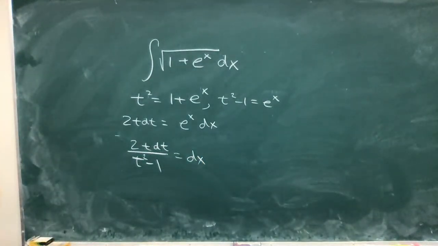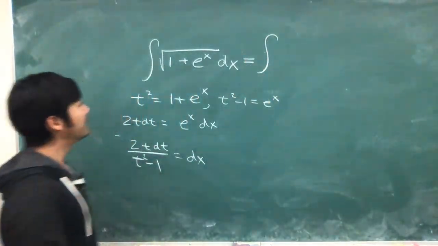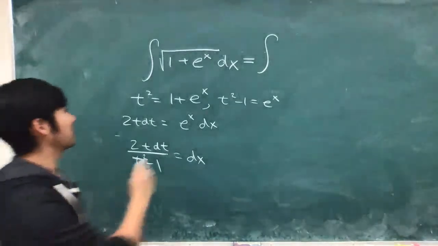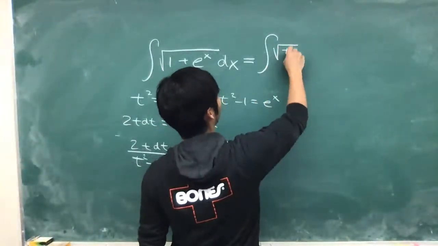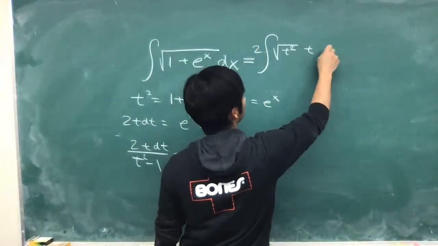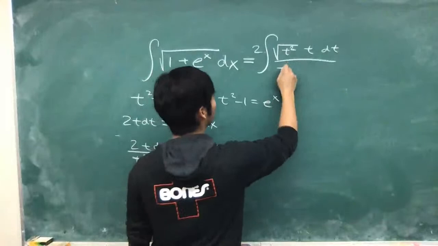And that looks pretty good. So this is going to be root t squared, and dx is 2t dt all over t squared minus 1.